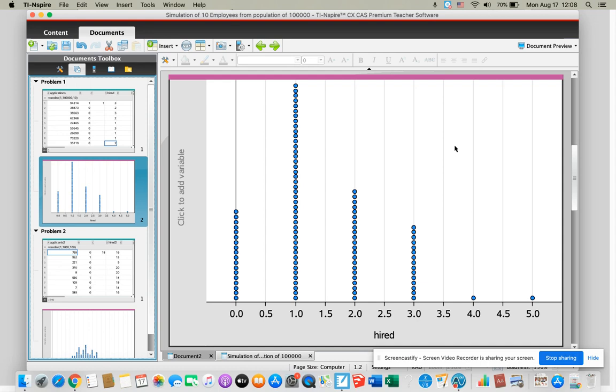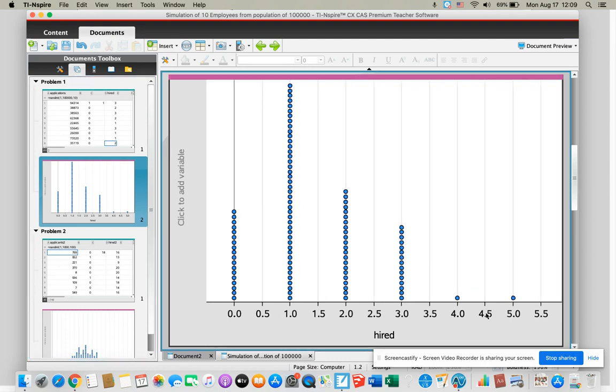So sometimes you wouldn't have any people of color. A lot of times it would center around about 1 person of color out of the 10, and then sometimes 2, sometimes 3, and once in a while you'd expect to have 4 or 5 of those employees out of the 10 being of color. So any one business could have anywhere from 0 to 5 people of color if it truly was random.